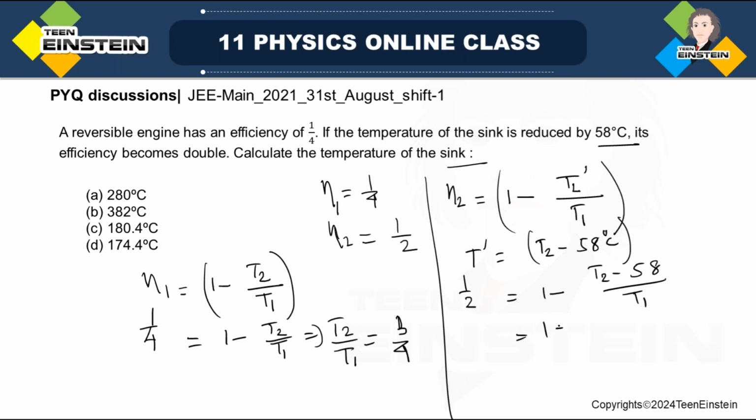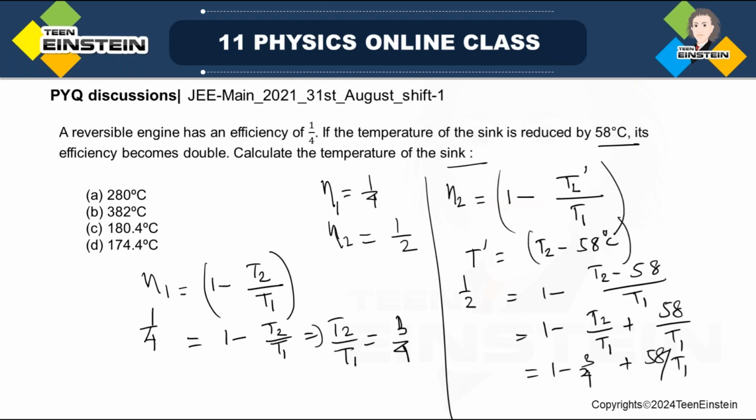Now 1 minus T2 by T1, T1 plus 58 by T1, right? So this ratio I know, this is 3 by 4 plus 58 by T1.